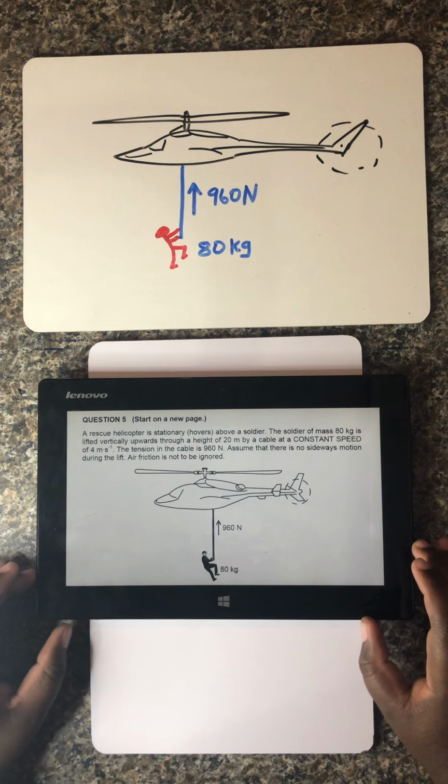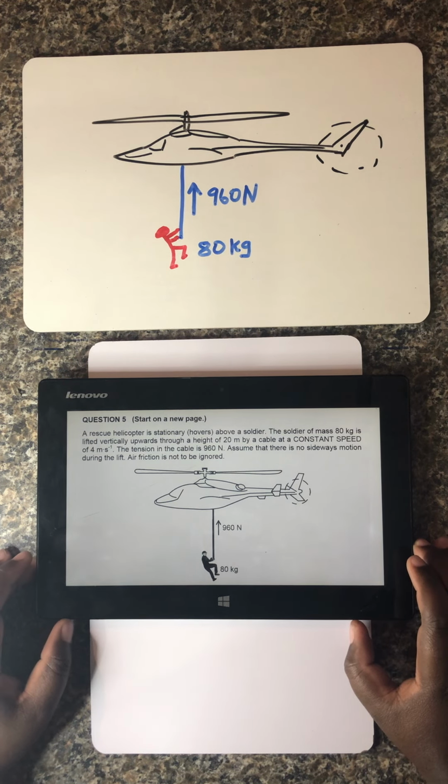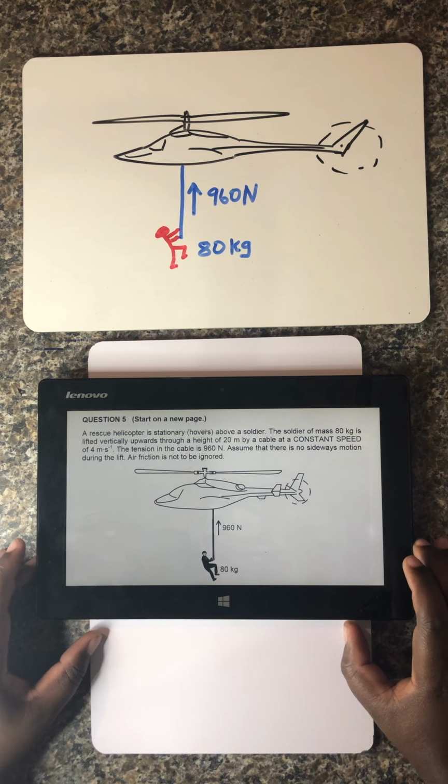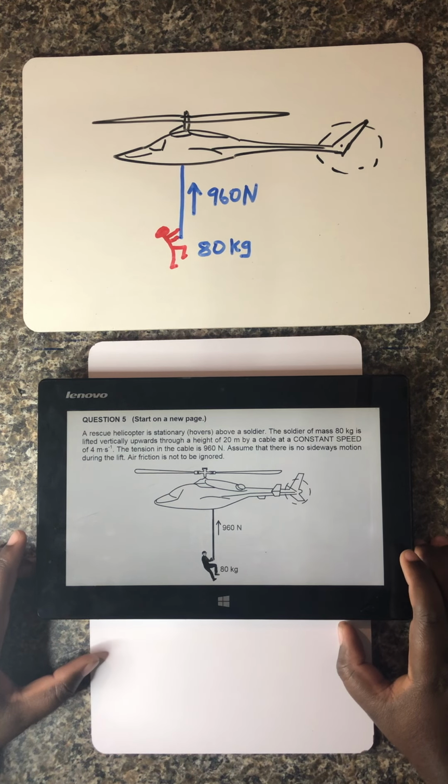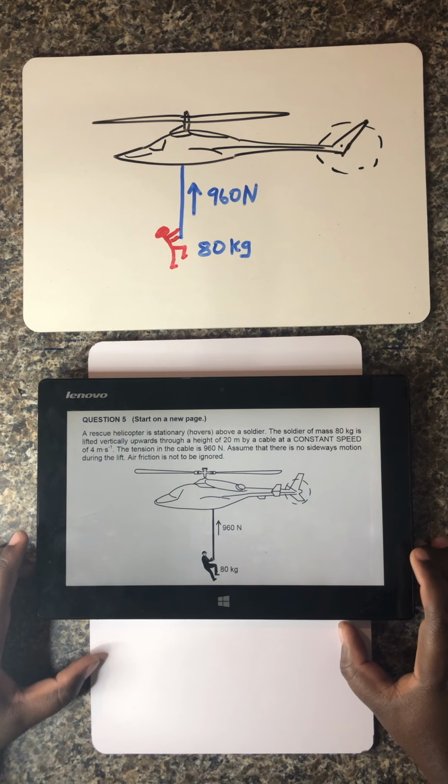So as you can see, question number 5, I'm going to read through the statement. A rescue helicopter is stationary (hovers) above a soldier. The soldier of mass 80 kg is lifted vertically upwards through a height of 20 meters by a cable at a constant speed of 4 meters per second.